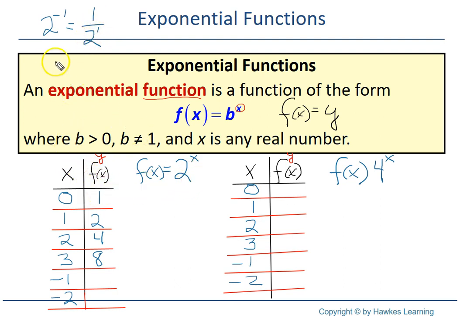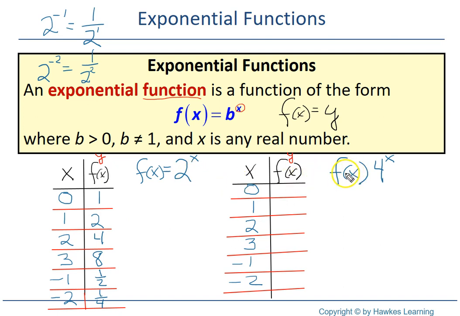So when we take 2 to the negative 1, it's just the reciprocal of 2, which is 1/2. And this one becomes 2 to the negative 2, which is 1 over 2 to the second, which is the reciprocal of 4, which is 1/4. So this gives us some values.